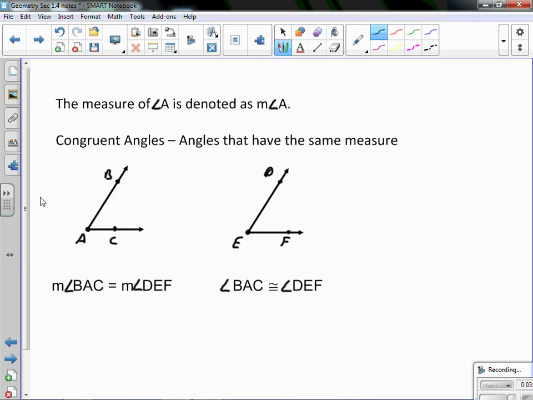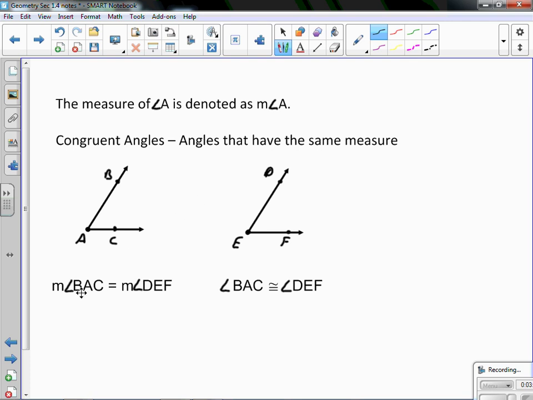All right, so measure of an angle is denoted as a lowercase m in front of the angle symbol A. So lowercase m is read as the measure of. So measure of angle A is what we would see here. And if we have congruent angles, those are going to be angles that have the same measure.